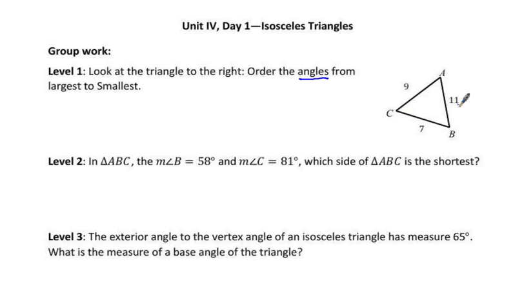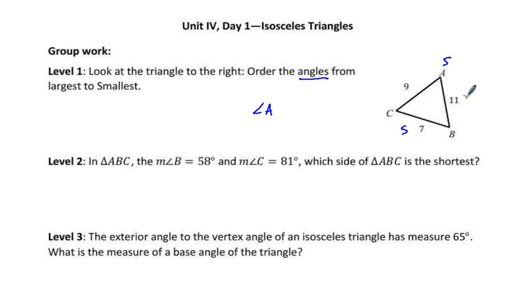They gave us sides, and we remember that the smallest angle is opposite the smallest side. So 7 is the smallest side, and so the angle opposite that, angle A, is the smallest angle. The largest angle is opposite the largest side.